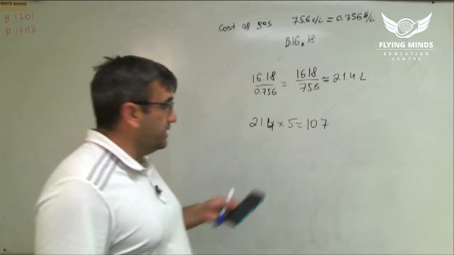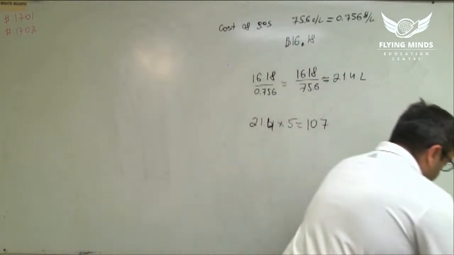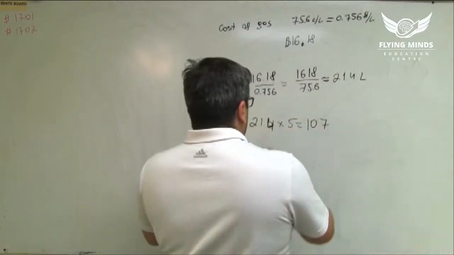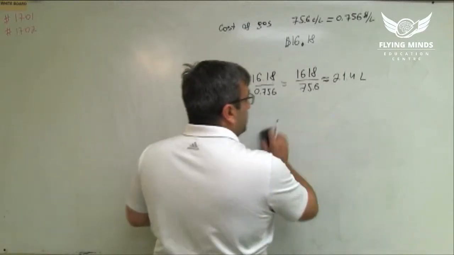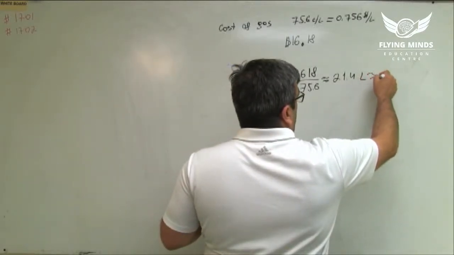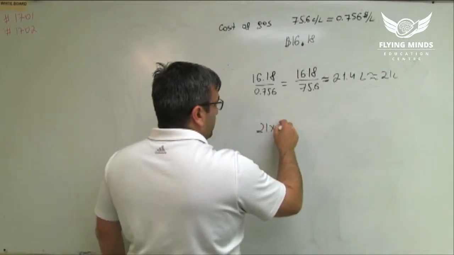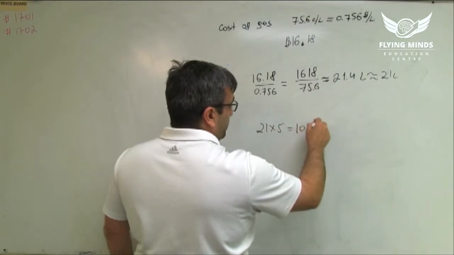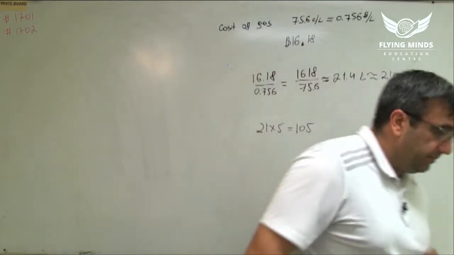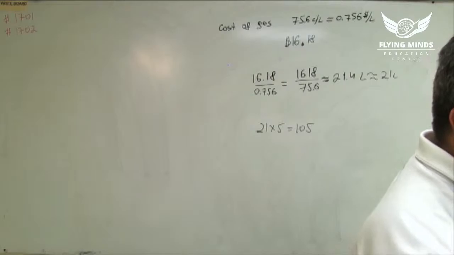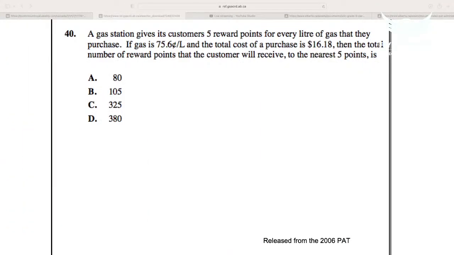Right, because to the nearest 5, yeah. Sorry. So this is approximately 21 liters. So 21 times 5 is 105. So the correct answer is B.